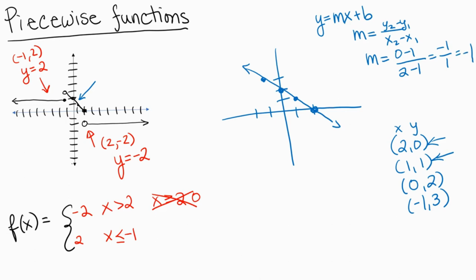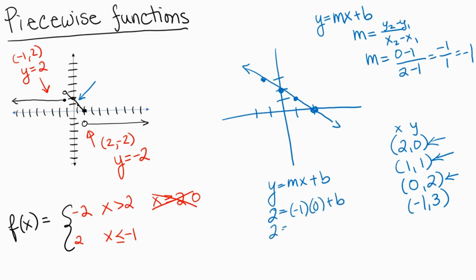And then we're going to find our b. The way we're going to do that is we're going to choose a point and just plug it in. I'm just going to choose a different one for the sake of an example. y is 2. Our m we just solved for was -1. The x for this point we just chose is 0. And then we have b.